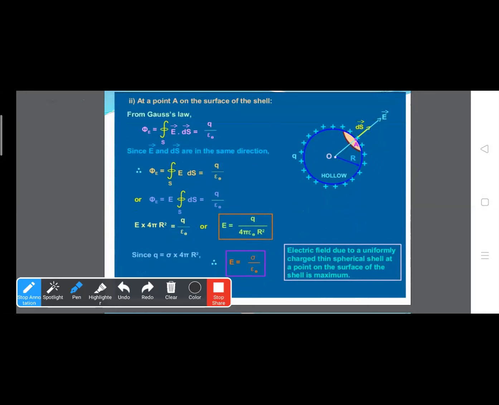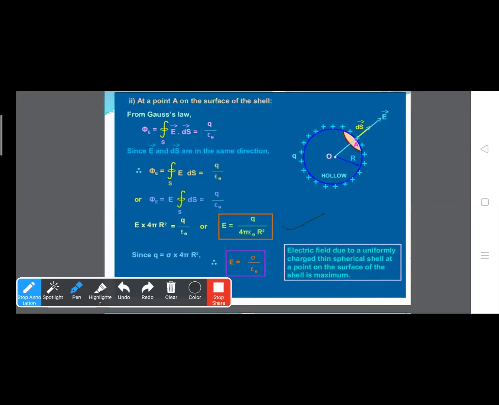We already know the value of the integration dS equals 4 pi R square. Okay. 4 pi R square is the area of this sphere. E into 4 pi R square equals Q upon epsilon naught. On solving, E equals Q upon 4 pi epsilon naught R square.